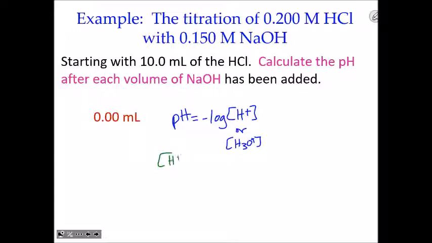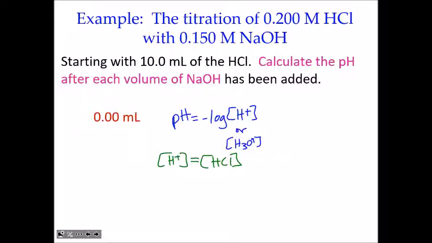The hydrogen concentration with a strong acid should equal its original acid concentration. Why is that? Because it completely dissociates. In this case, we're going to say it completely ionizes, like 99.999 whatever percent, but we're going to say that it completely ionizes.